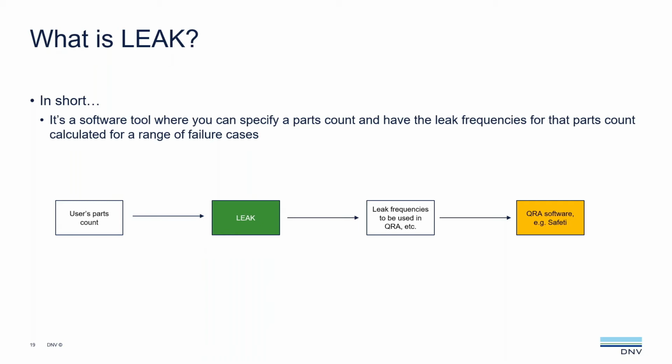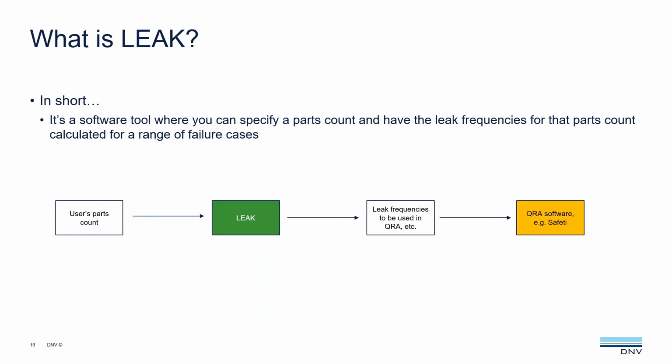In the green box, we have the Leak software, and that Leak software contains historical leak frequency data. Over on the left-hand side of the block diagram, we have the user's parts count.